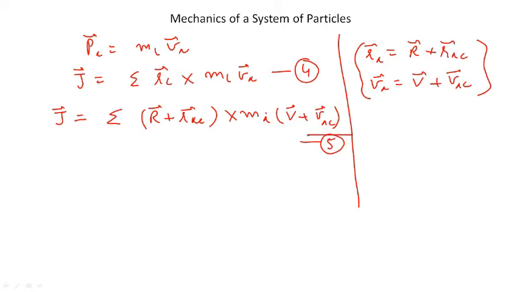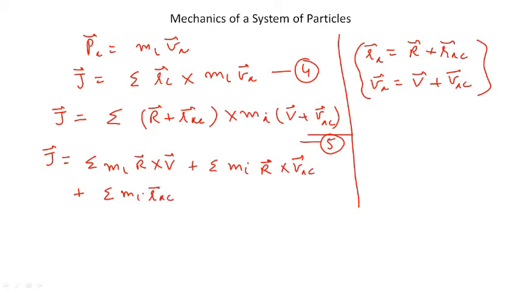So J is equal to sigma m_i R cross V plus sigma m_i R cross V_iC plus sigma m_i R_iC cross V plus sigma m_i R_iC cross V_iC. Let us say it is equation number 6.